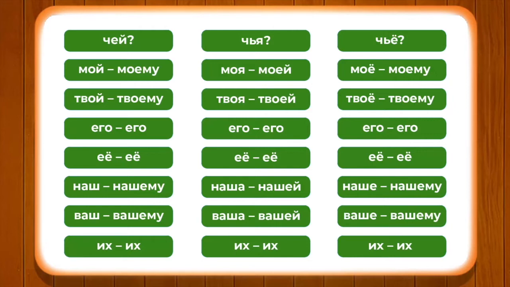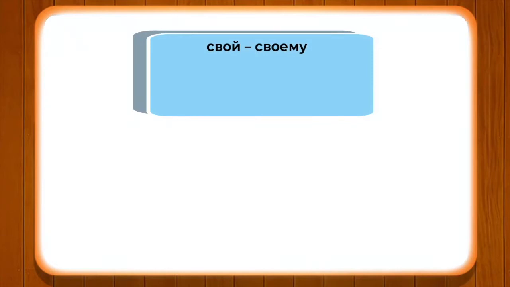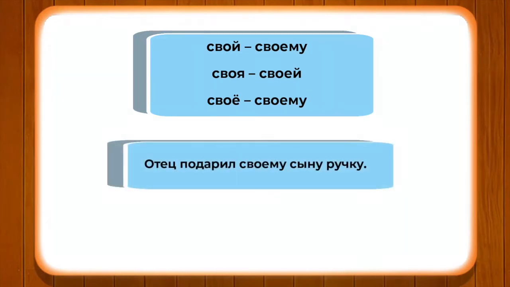Now, we will pay attention to a few exercises. In the possessive pronouns, there is another important expression, swoi, meaning oneself. Swoi changes into swaemu, swaya changes into swaye and swayo also changes into swaemu. For example, Atyets padaril swaemu sinu ruchko.